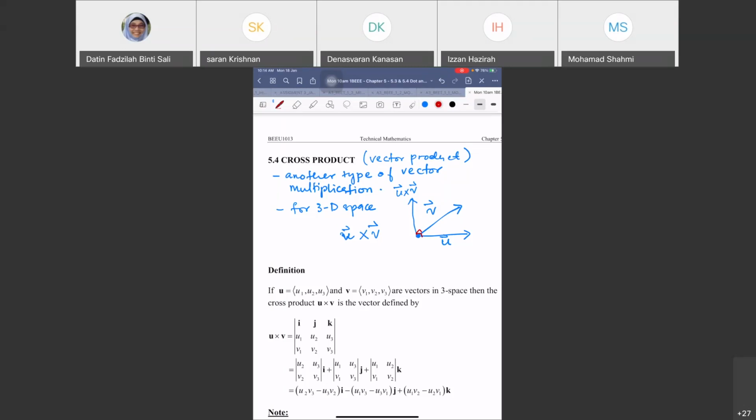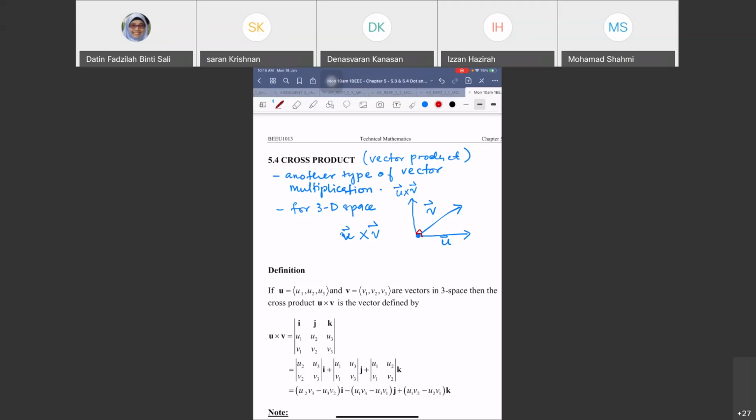In fact, if you have done this before, you may recall what they call a thumb rule, a right hand rule, for the cross product, where u cross v is a vector pointing in the direction of your thumb.